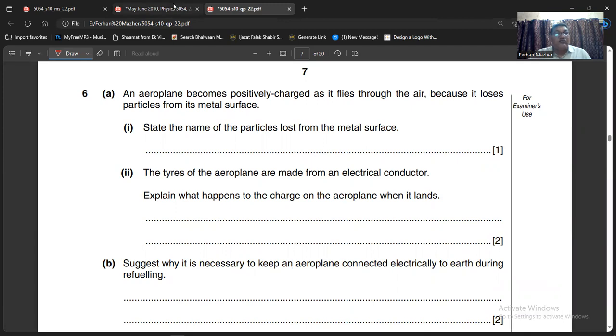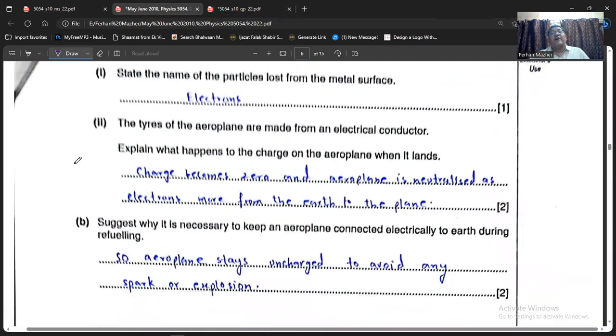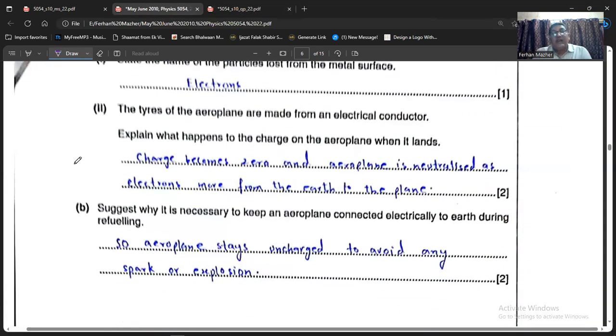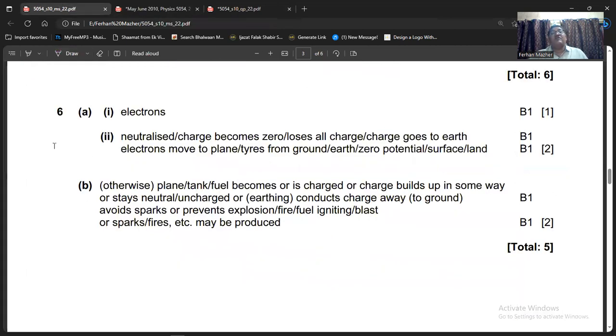The charge becomes zero and the aeroplane is neutralized as electrons move from the earth to the plane because the plane was positively charged. So this is the marking scheme. You can pause the video. You can take your time.